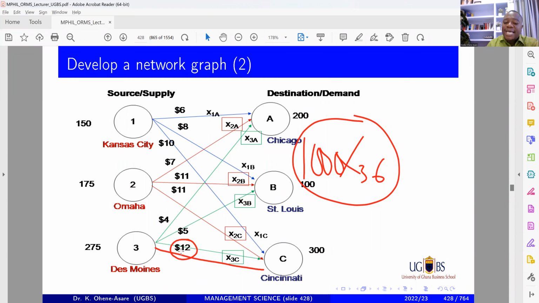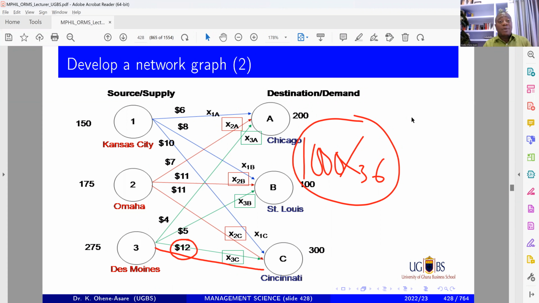You will notice that they will not tell you the cost for that route. In this case, the cost is 12, but they will not give you the cost. Once you are not given the cost, because you've been told that it's a prohibited route, you will assign a huge cost to it in the objective function. Remember, in the objective function alone.